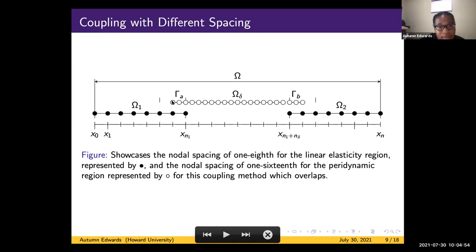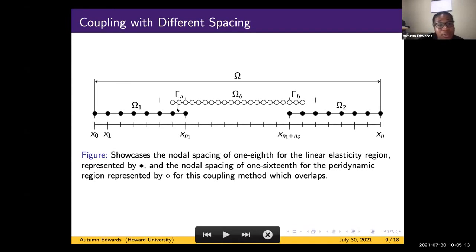This point and this, they're both matching. This point does not have a matching displacement, so we would do an interpolation. I did linear interpolation. I also did quadratic interpolation.